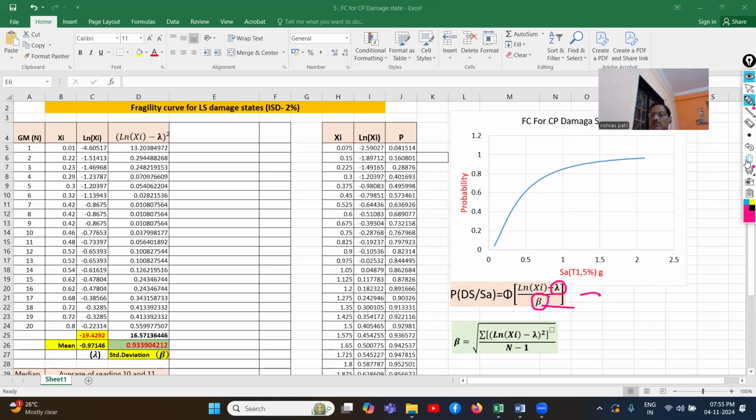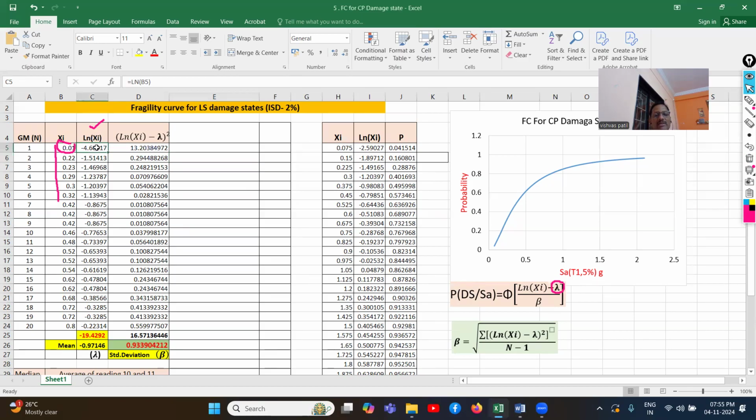Now first of all, we'll see how to find this lambda value, which is called the median value. Coming to this calculation, these particular values are first arranged in ascending order. The next column is the natural logarithm of this value.